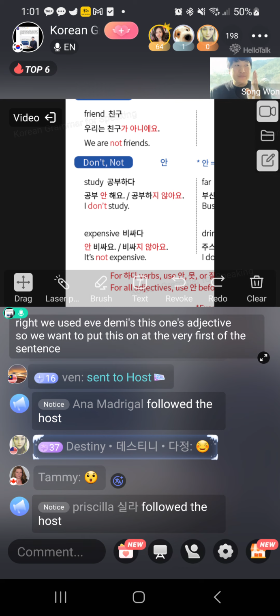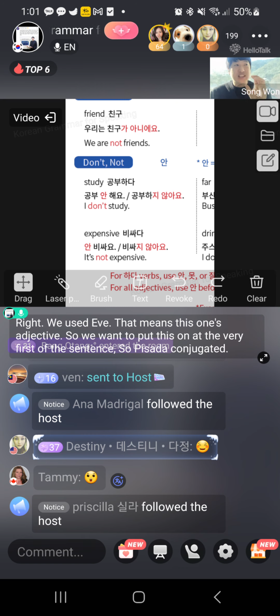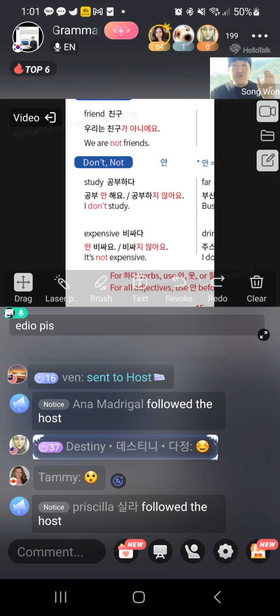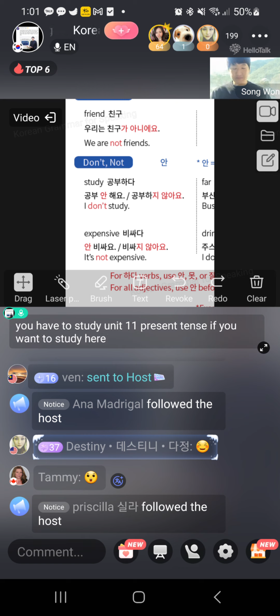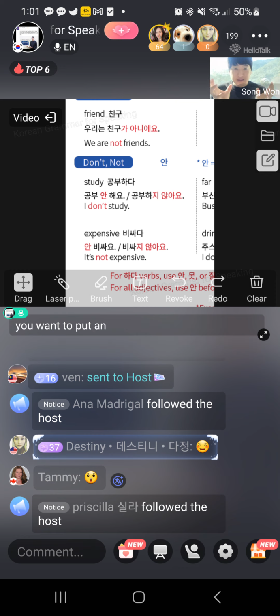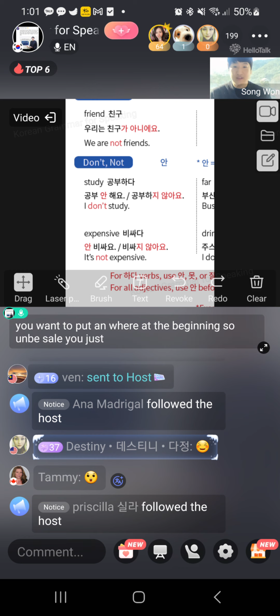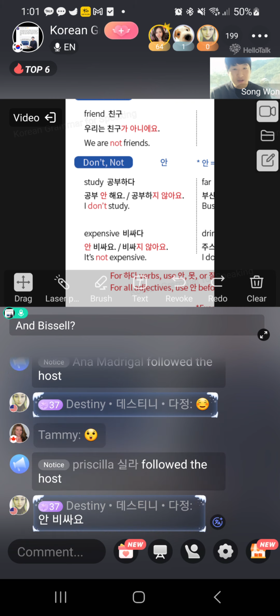So 비싸다 conjugated as 요, 비싸요. You have to study Unit 11, present tense, if you want to study this part. So 비싸요. You want to put 안. Where? At the beginning. So 안 비싸요. You just said it's not expensive. 안 비싸요. Does it make sense?